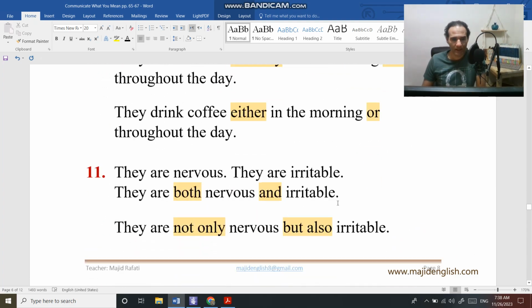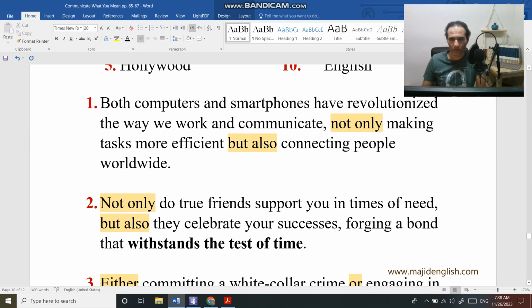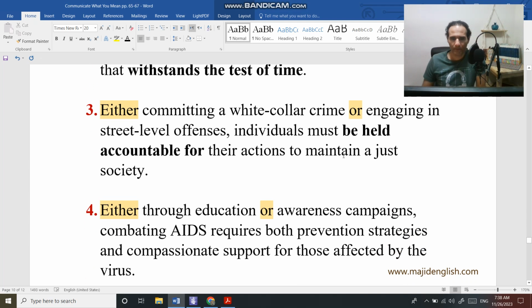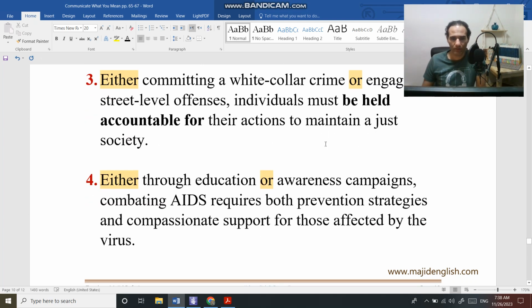Exercise 8 had a lot of beautiful words and phrases useful for you to transfer into your vocabulary notebook. For example, withstand the test of time: our friendship has withstood the test of time because we have been friends for 17 years and nothing has happened. Luckily, knock on wood. Be accountable for something, be held accountable, means to be responsible for something.